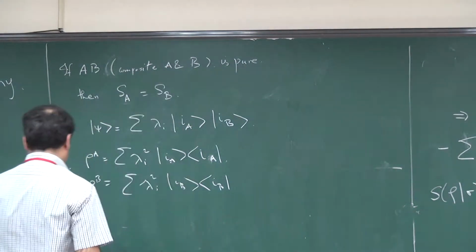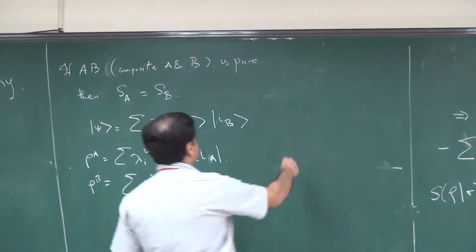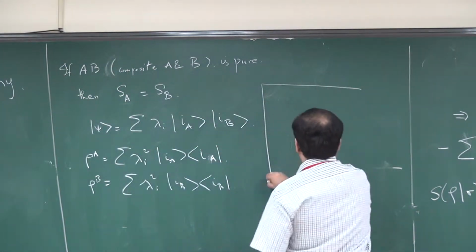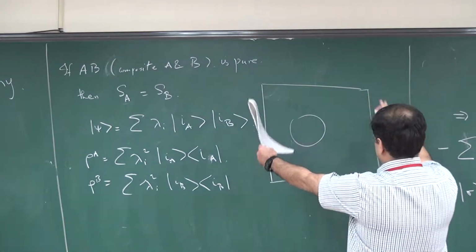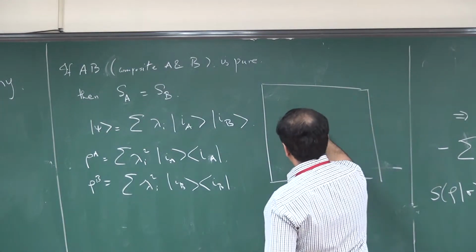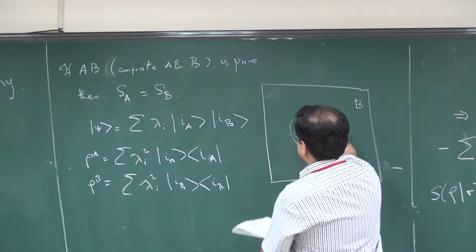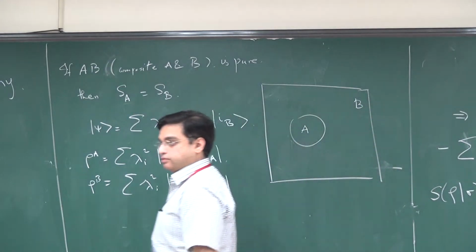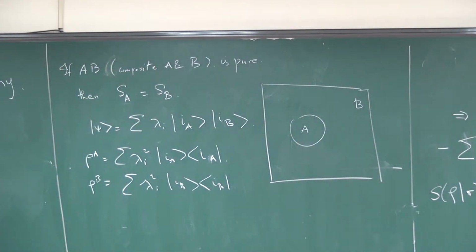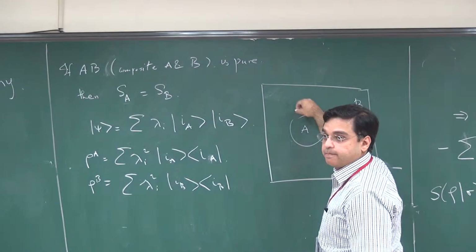So this is true. And this formed the basis of an observation that Srednicki made in 1993: in a quantum field theory, suppose you divide up the region where your quantum field theory lives into two pieces, A and B. Since S_A is equal to S_B, what is common between these two systems? The only thing that is common between these two systems is the boundary of the region.